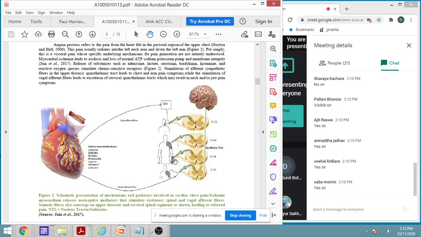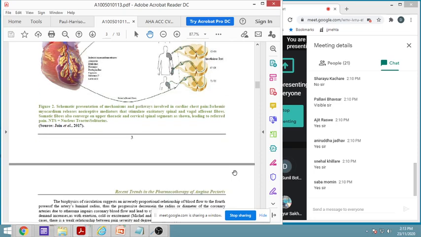So you can see shoulder, you can see wrist, you can see again shoulder and neck area. So these are the reasons for the stimulation of the pain receptor, and therefore it will be felt. It is called referred pain. Actually there is no problem in this area, but since the neurons come through this area, the brain will sense that the pain is in this area, and this is one of the major symptoms.